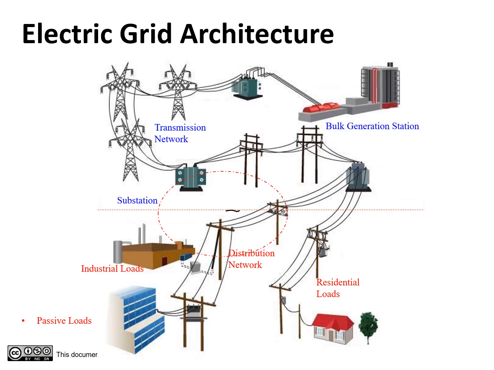The electric grid consists of three main sections: generation, transmission, and distribution. Conventional grid generation is based on bulk and centralized generation stations. The generated electrical power is transmitted using high voltage transmission lines from generation sites to locations close to the customers.